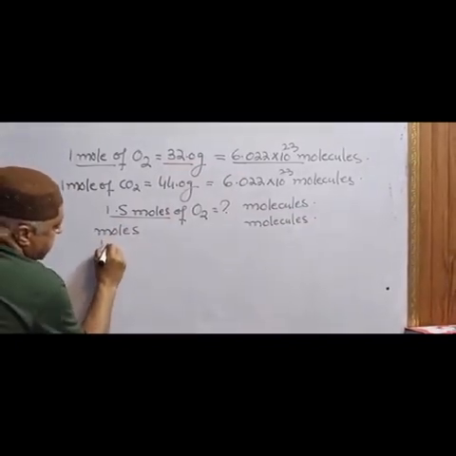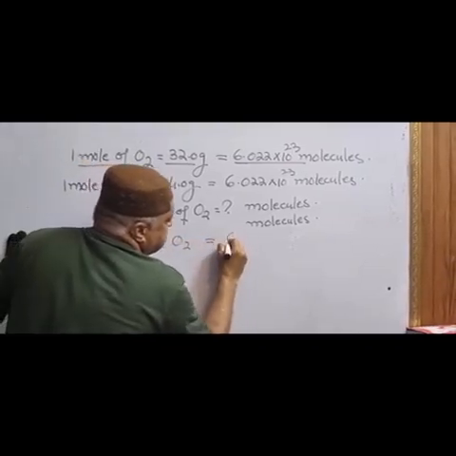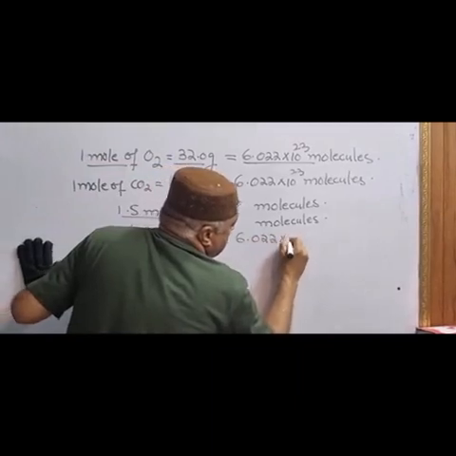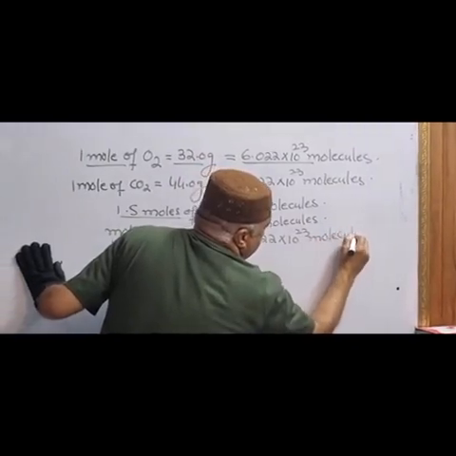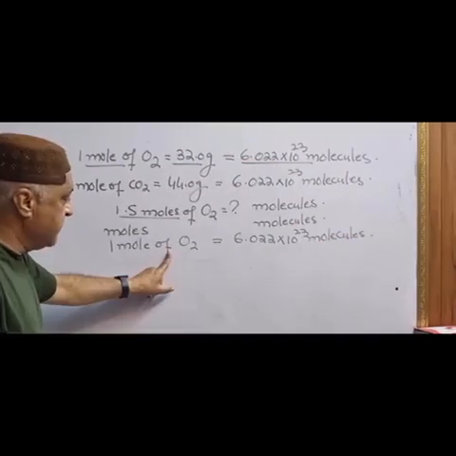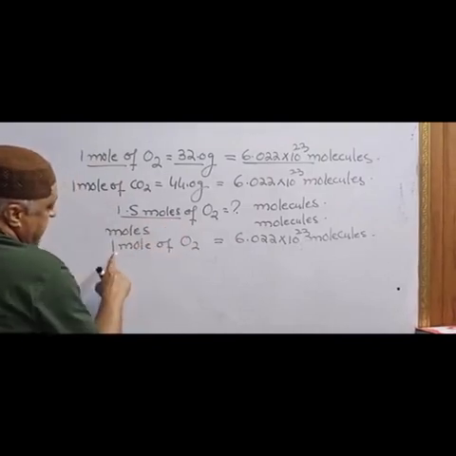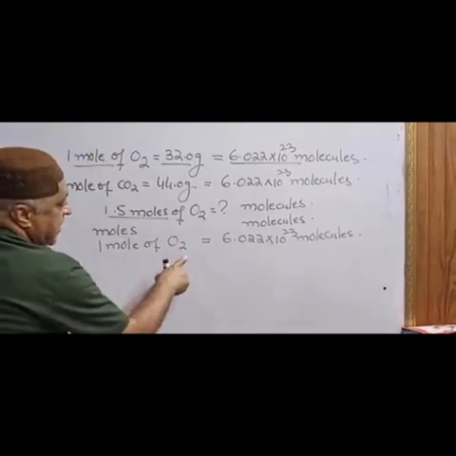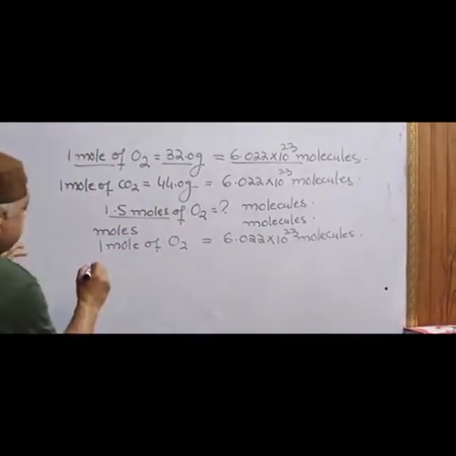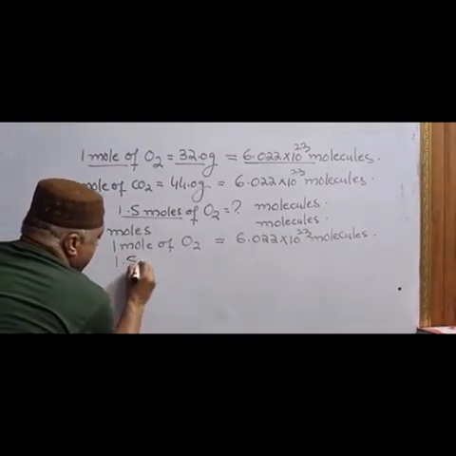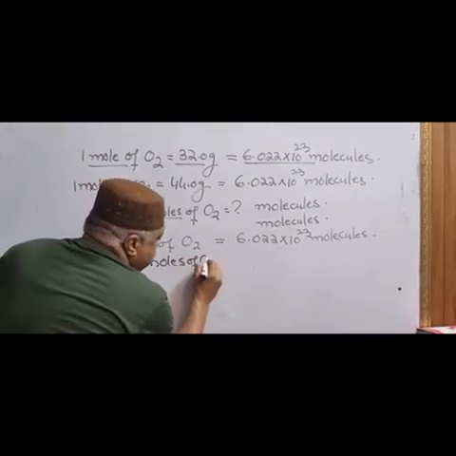I write here the known statement. 1 mole of oxygen contains 6.022 into 10 raised to power 23 molecules. And we have to find out the number of molecules in 1.5 moles. We have the answer of 1 mole. Now simply we have to multiply by the quantity which we have to find out, that is 1.5 moles of oxygen.